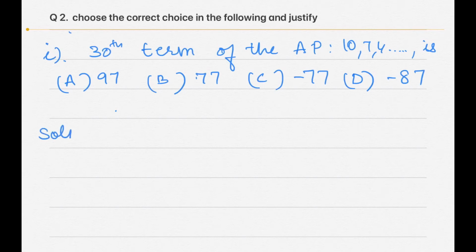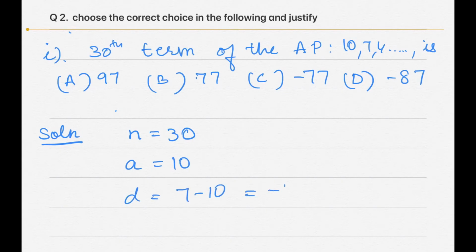So now let's see what is given to me. If I start my solution, I would say 30th term of AP I have to find out, right? So my n is equal to 30 and from my AP I know my A is equal to 10 and my D will be equal to 7 minus 10, so this will be equal to minus 3. They have given an AP, so I can just find T2 minus T1.